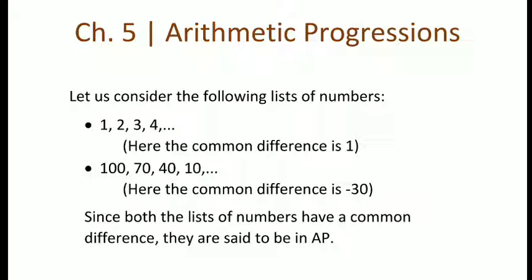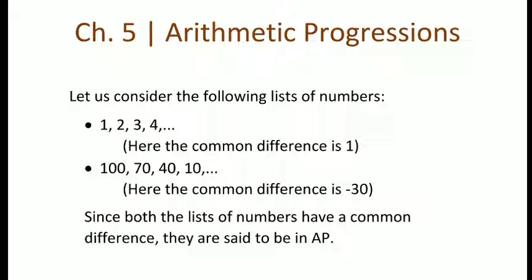Let us find the difference between consecutive terms. First, the difference between the second term and the first term: the second term is 70 and the first term is 100, so 70 minus 100 is minus 30.